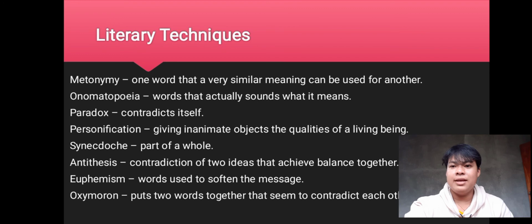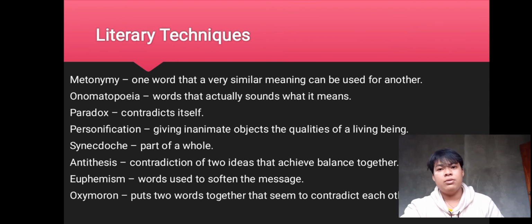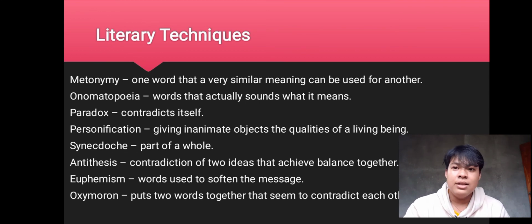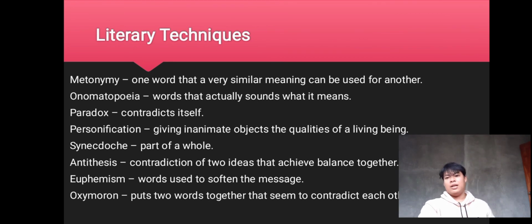We have antithesis. It is a contradiction of two ideas that achieve balance together. Antithesis is an effective literary and rhetorical device as it pairs exact opposite or contrasting ideas by utilizing parallel grammatical structure. This helps readers and audience members define concepts through contrast and develop understanding of something through defining its opposite. Let me give you examples.